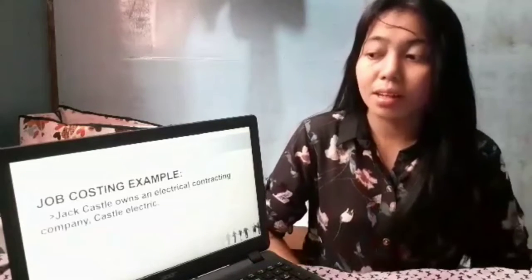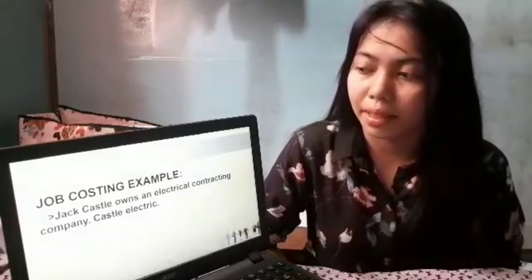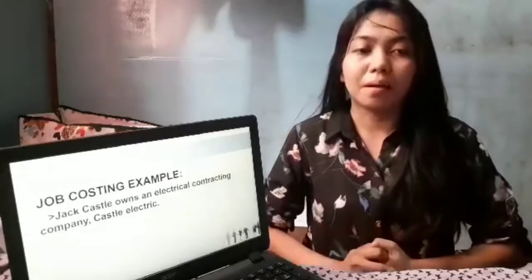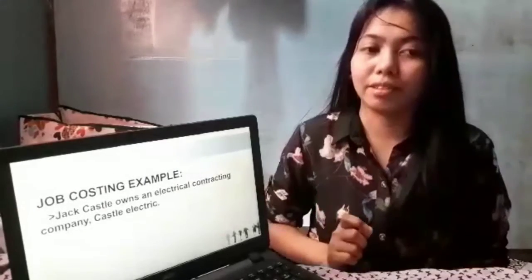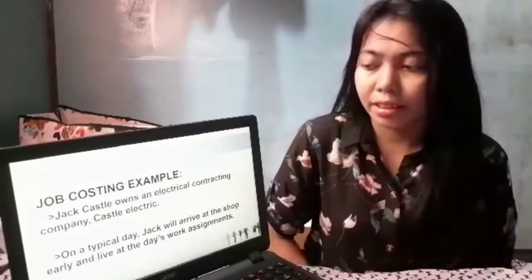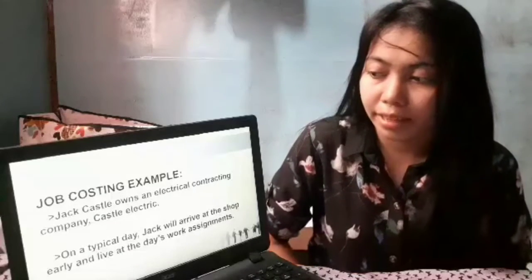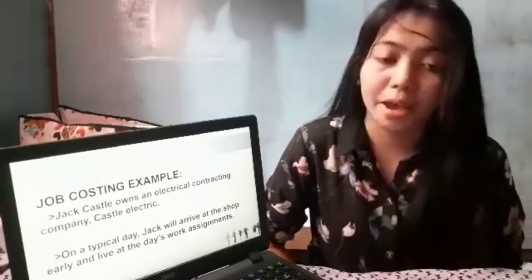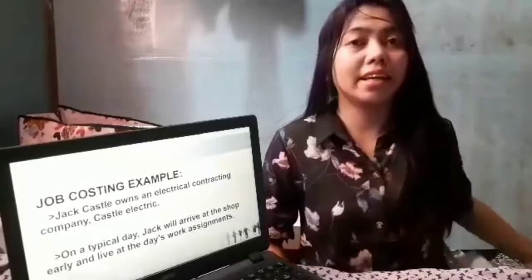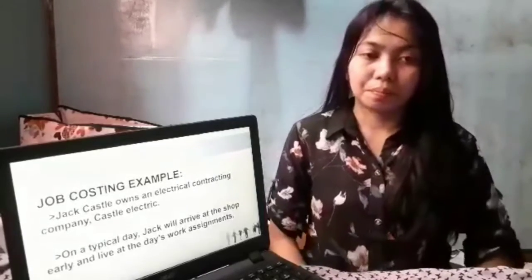Jack Castle owns an electrical contracting company called Castle Electric. On a typical day, Jack will arrive at the shop early and line out the day's work assignments.